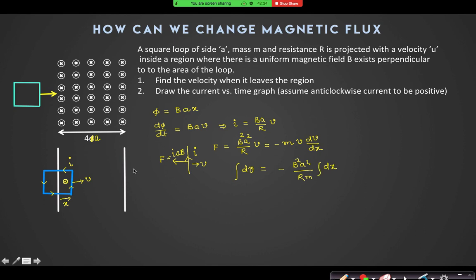So when x equal to 0, the velocity was u, and when x equal to a, that means when the loop has completely entered, the velocity is v1. So v1 is equal to u minus B square a cube divided by m R.